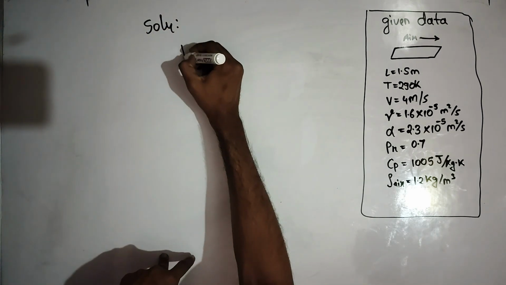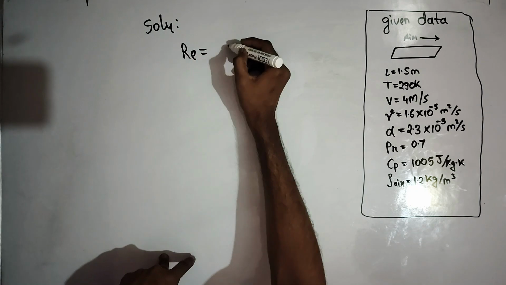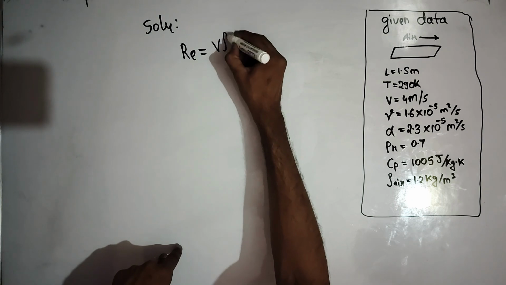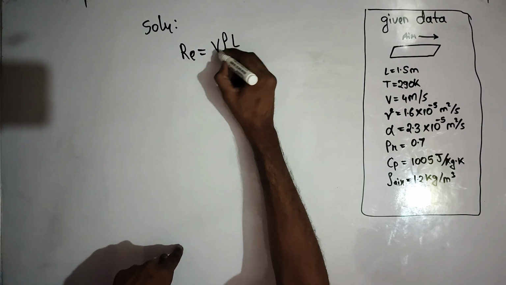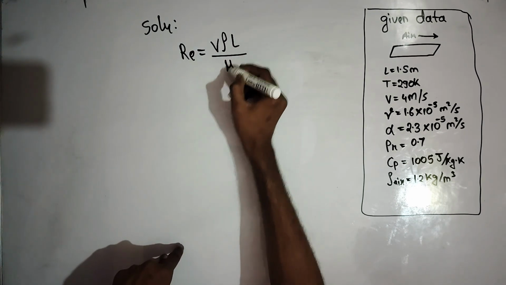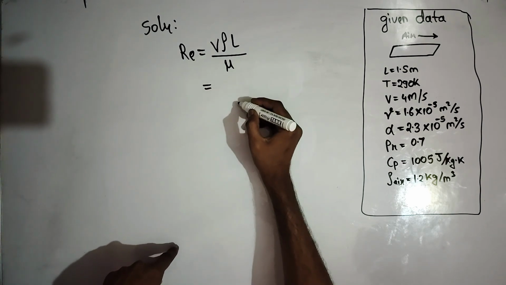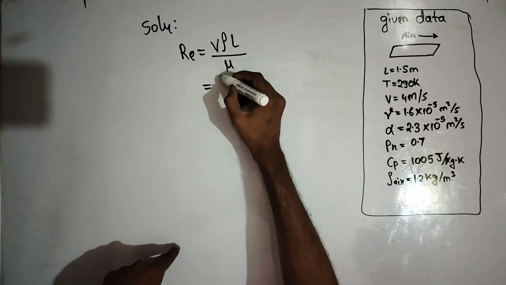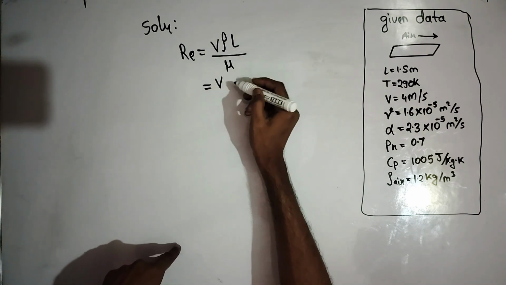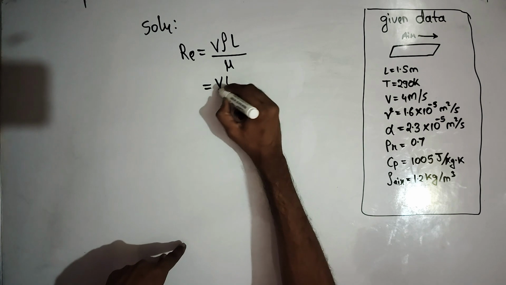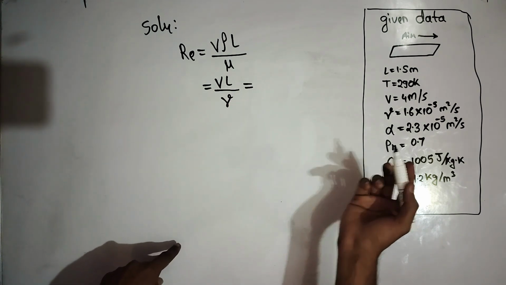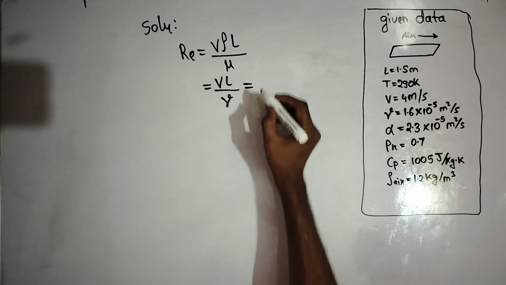So first we need to calculate the Reynolds number, which is given by velocity into density into length upon viscosity. We are not provided with viscosity, so we will convert this formula in terms of kinematic viscosity, which is given in the data.